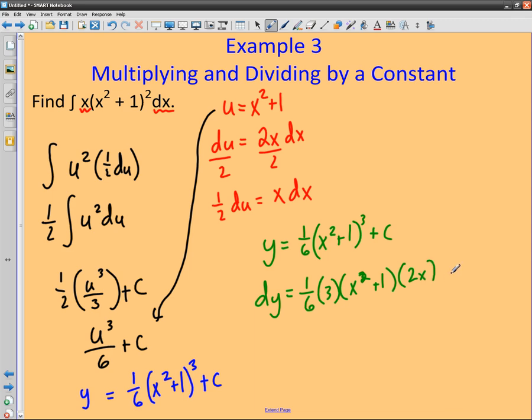Well, the differentiation of the constant, remember, is 0, so I don't need that. And so then dy, and there's a dx over here, because that's what I differentiated with respect to. 2x times 3 is 6x, and then times 1/6 will just get me x, and then I'm left with x squared plus 1 squared, and that is what I started with.